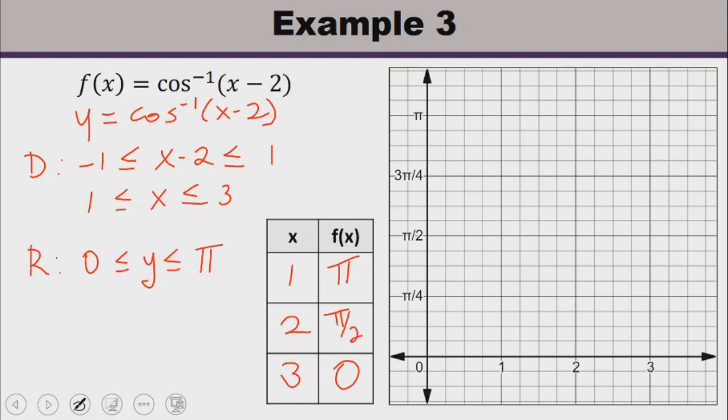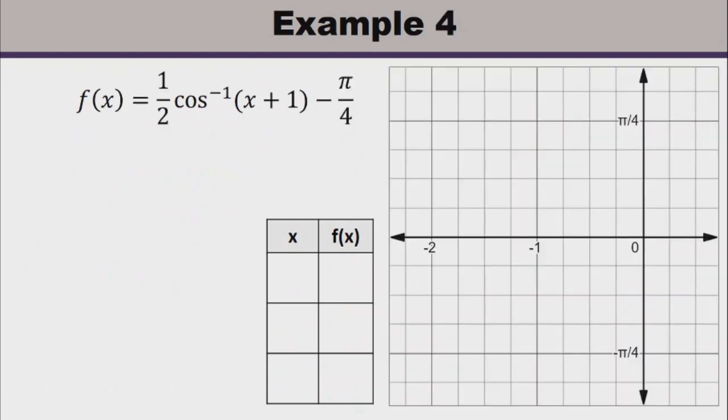Okay, so I can now graph this. When I have 1, I have pi. Okay, when I have 2, I have pi over 2. And when I have 3, I have 0. And you remember that the graph of arc cosine is like this. So I'm just going to sketch. And it's something like that.